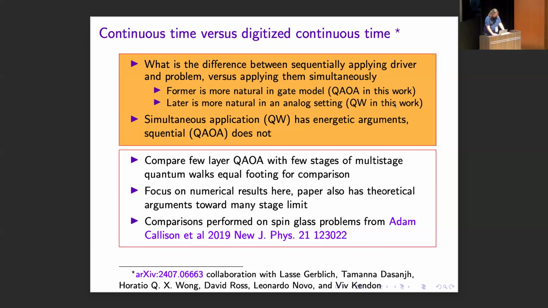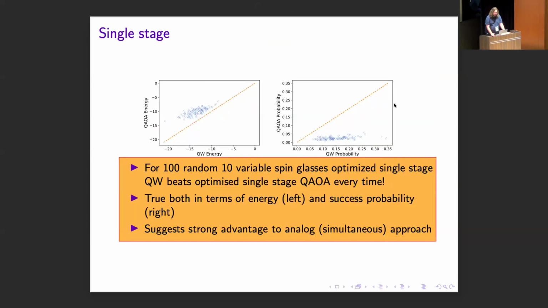And we have this paper that I wrote with Viv and others. Our answer, if we look at a single stage of quantum walk, meaning problem and driver turned on at the same time, starting in a uniform superposition of all the states and just running it for some time, versus QAOA, where you do the problem, then you turn the driver on, and you don't have them on simultaneously: for 100 random 10 variable spin glasses, both in terms of energy and in terms of success probability, in numerical simulations, obviously, in all 100 the quantum walk approach does better.